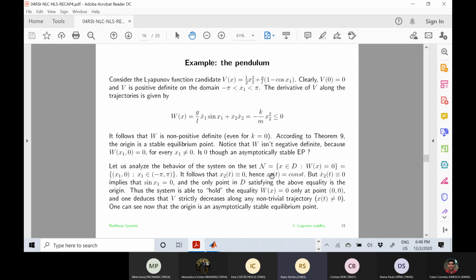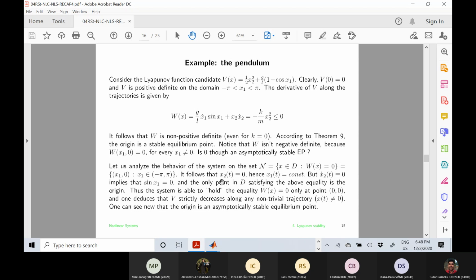And we look at this set, denoted here by calligraphic N. Let's look at the set where W is 0. Don't forget, we have restricted our analysis in a strip around the origin. I will go back on the drawings with the phase portrait of the system. Good. So we are analyzing what happens only in this strip.